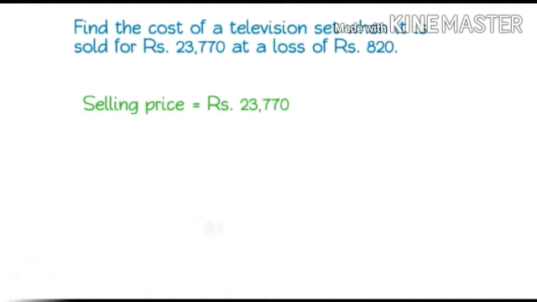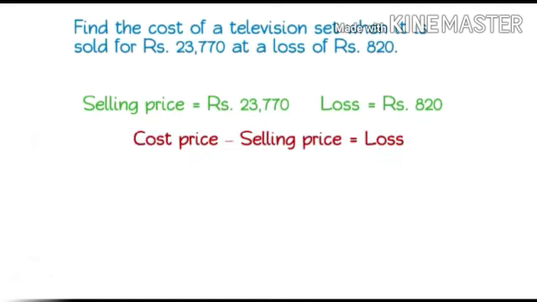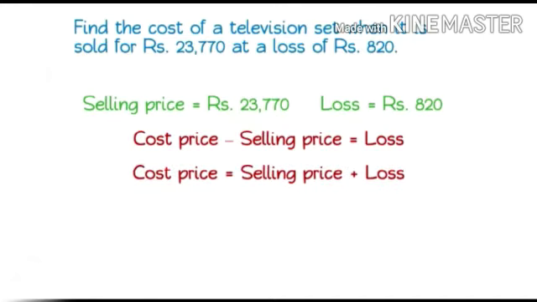Cost price minus selling price is equal to loss. Cost price is equal to selling price plus loss. Put the values in this formula: 23,770 plus 820, which is equal to 24,590. The cost price is equal to 24,590.